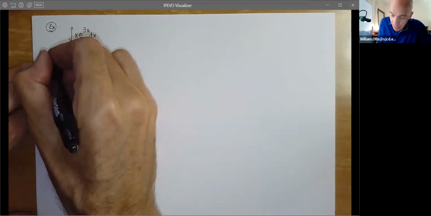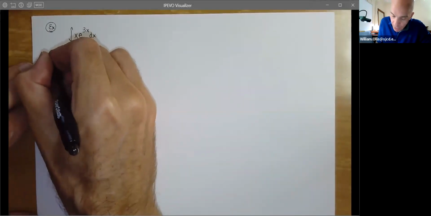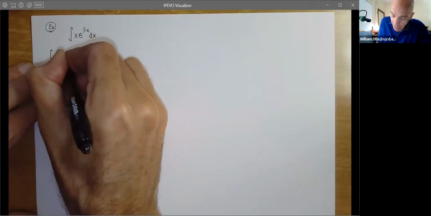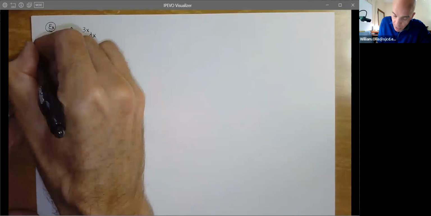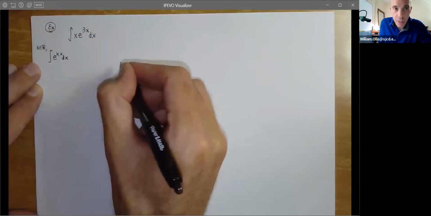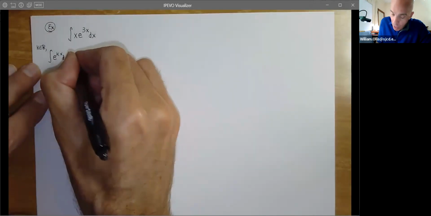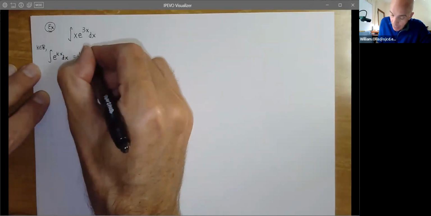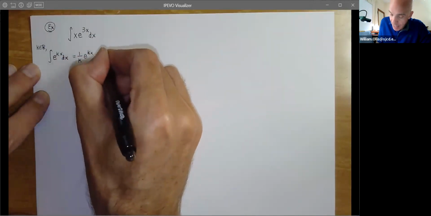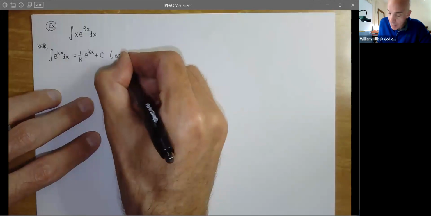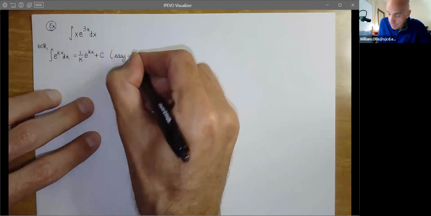We know this, the integral of e to the kx dx, where k is a constant, k an element of R. We know this is 1 over k e to the kx plus a constant. That's an easy antiderivative. So we're going to say our easy integral.